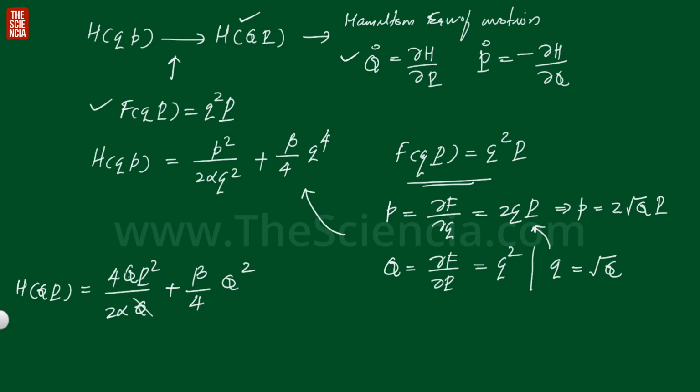So here Q cancels, and the 4 and 2 cancel. So we get the new Hamiltonian H of QP is equal to 2 capital P square by alpha plus beta Q square by 4.